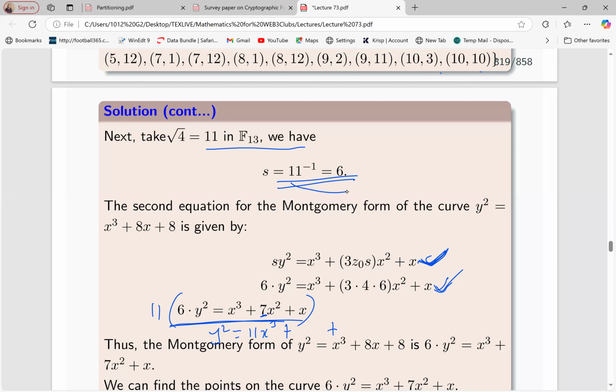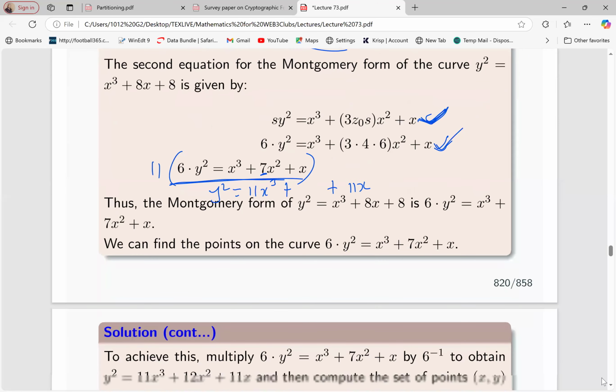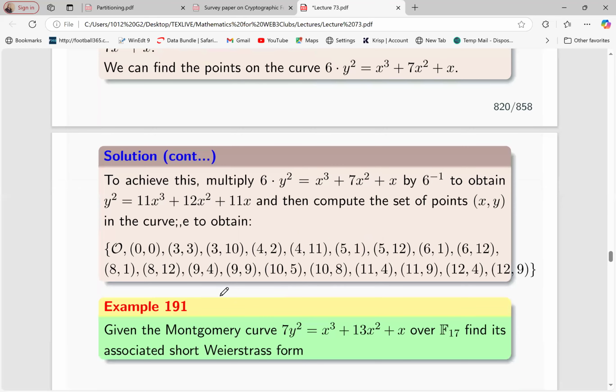Then finally you have 11x. And then the same way we've been doing, find the corresponding values of y for given x values.